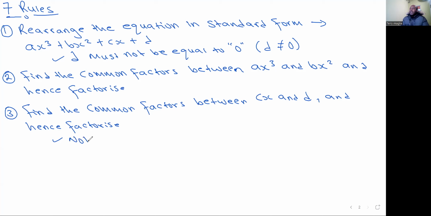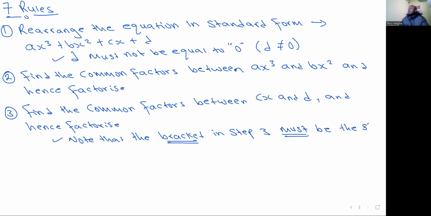So I'm going to write it down. So note that the bracket you're going to get in step 3 must, the keyword here is must, the bracket you have here must be the same as step 2.